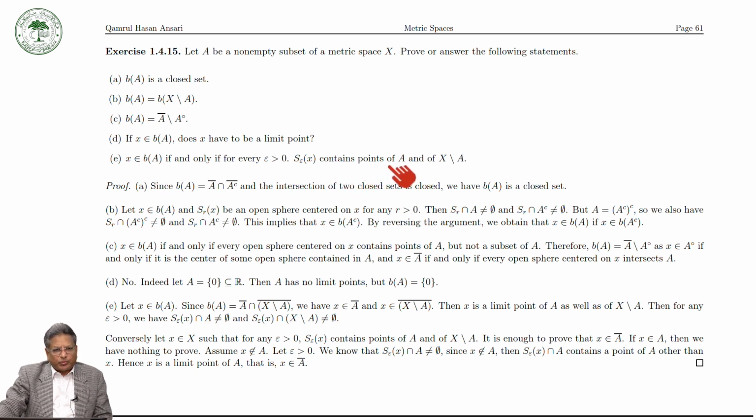So it contains points of A and the complement of A. So this is by definition, and the other way you can get by using the other argument over here.